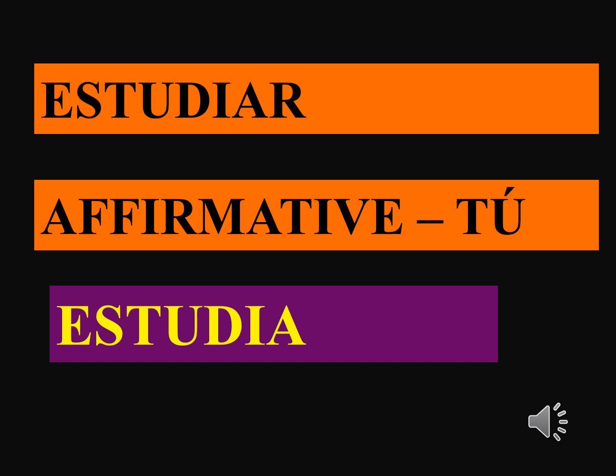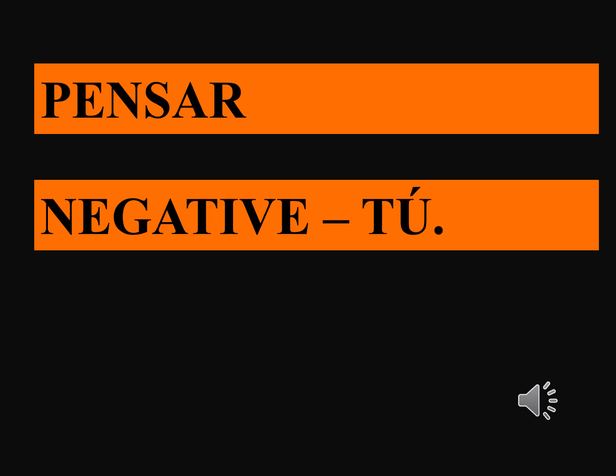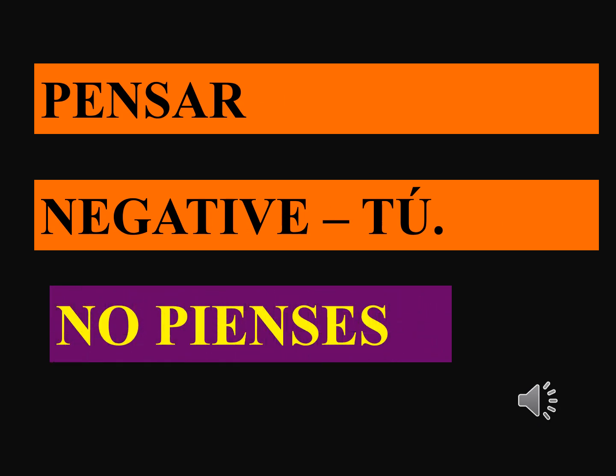Estudia. Pensar is to think, and it is an E to IE stem changer. So in the negative, it's no pienses. Don't think that. No pienses eso. No pienses así. Don't think like that.